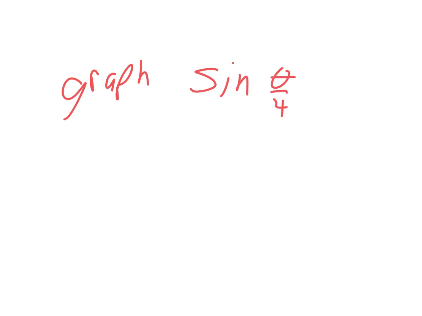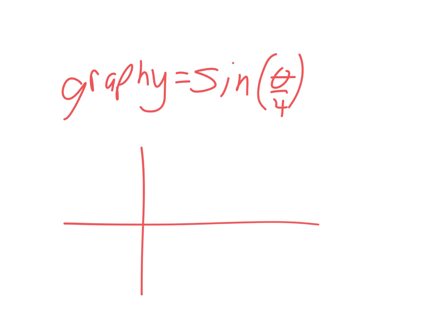So, what else? I had planned a few last tips. Here's another one. Let's say you had to graph sine of theta over 4. If I'd have just said graph sine, I hope you'd have been able to do it. So start with that. Just start with regular sine.